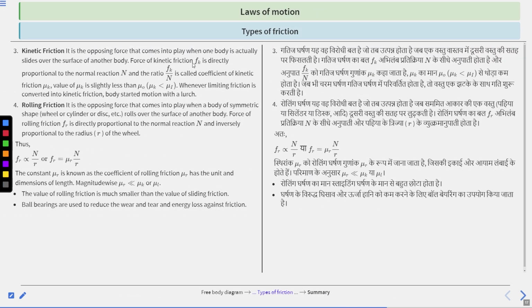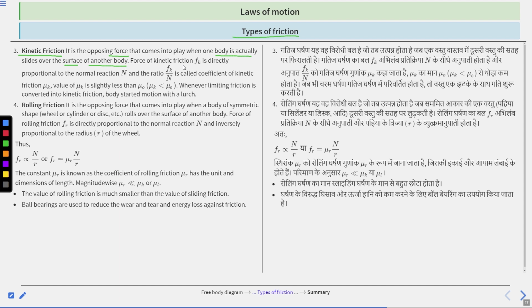Next is types of friction. Third is kinetic friction. It is the opposing force that comes into play when one body actually slides over the surface of another body.